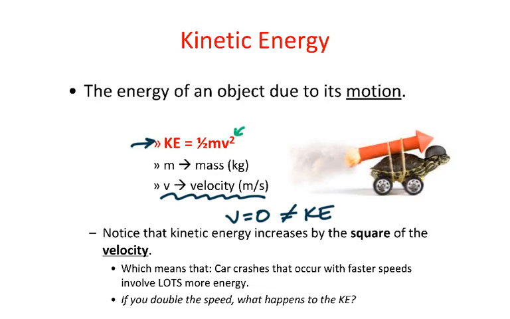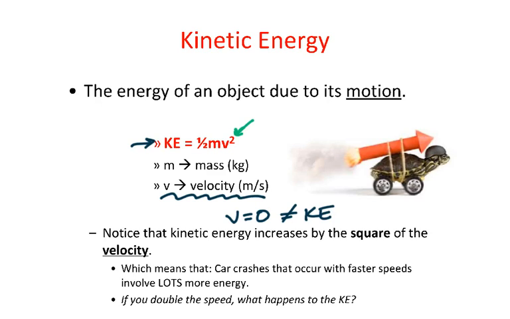The second important thing to notice here is that V is squared. So it's important to put that in your calculator, but it's also important if you think back to our momentum stuff that we did last week. We talked a lot about car accidents and collisions, and we talked about how the damage done is exponentially larger if your speed increases. So if you double your speed, you actually quadruple the amount of energy change, and ultimately that corresponds to damage done.